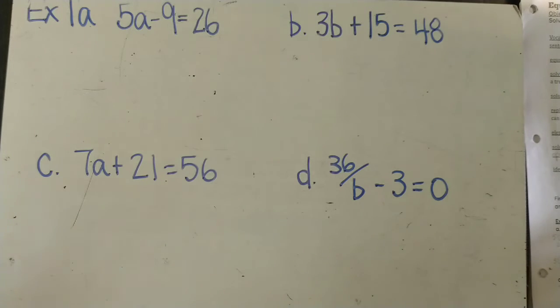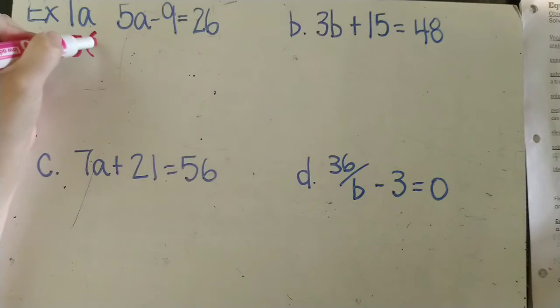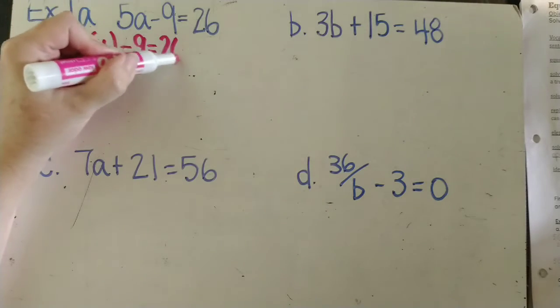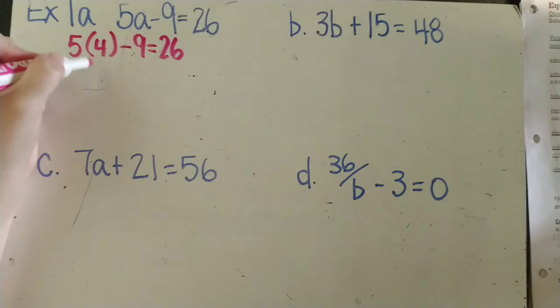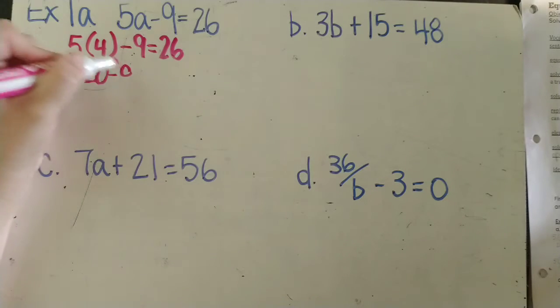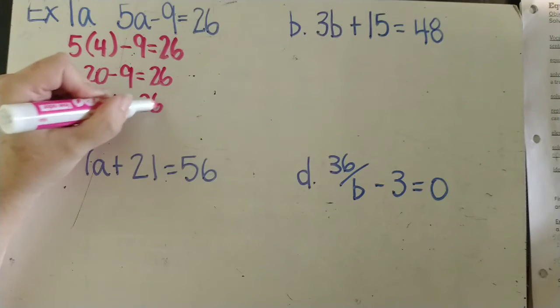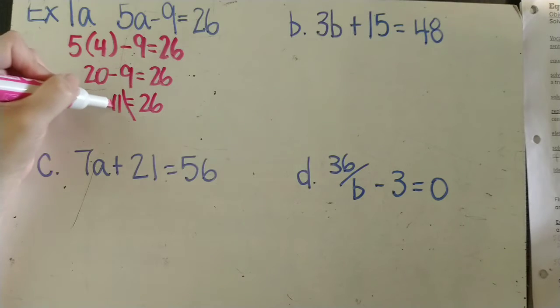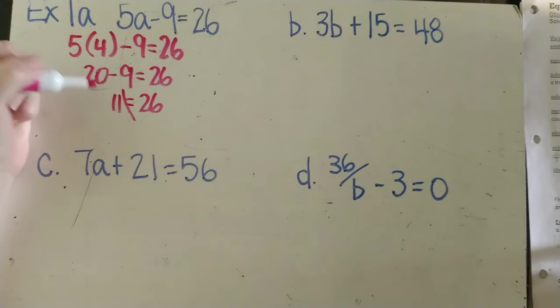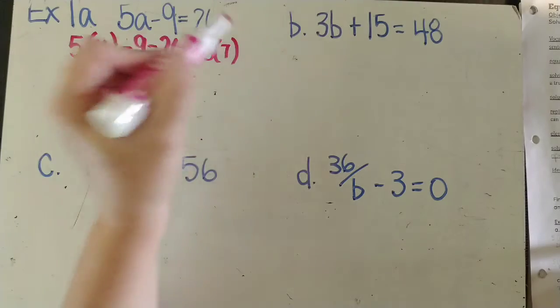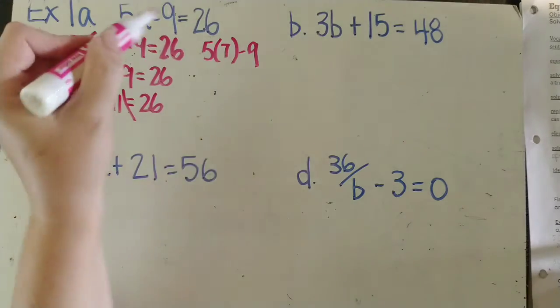So let's look at example 1. Let's say we try the element 4. So what you're going to do is substitute for A the value of 4. And see, does this make a true statement? 20 minus 9 is 11, and we know that 11 doesn't equal 26. This number was not large enough, so we're going to have to try something larger. Let's try 7. So substitute 7 in for your variable.